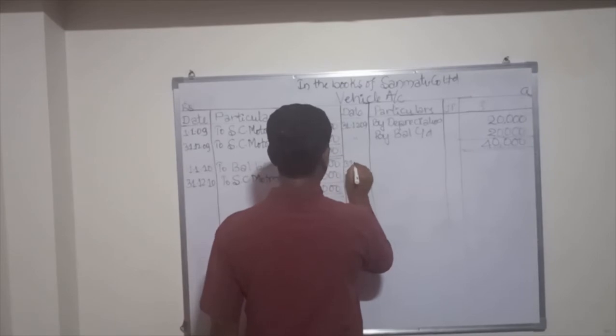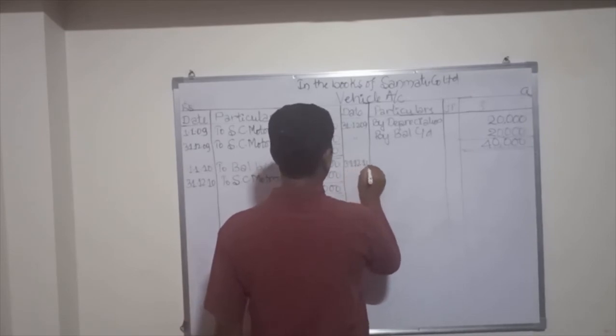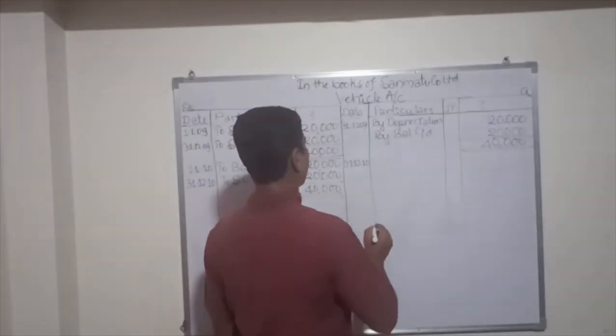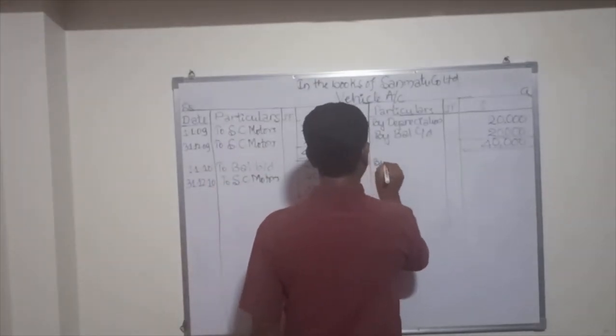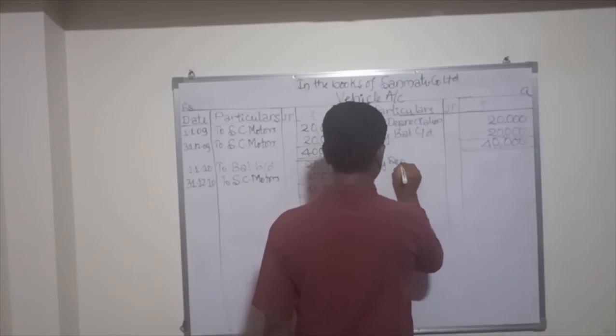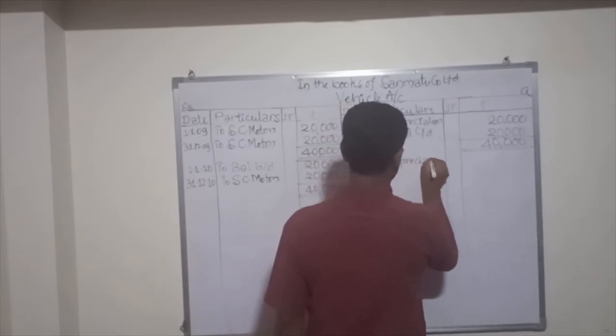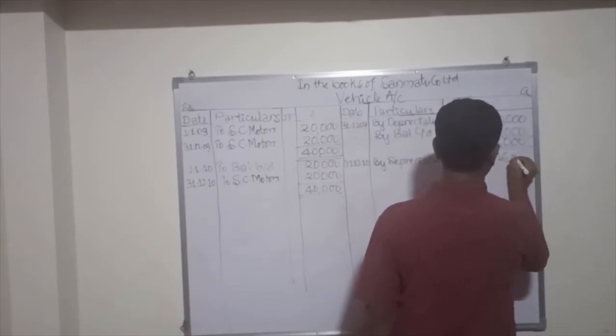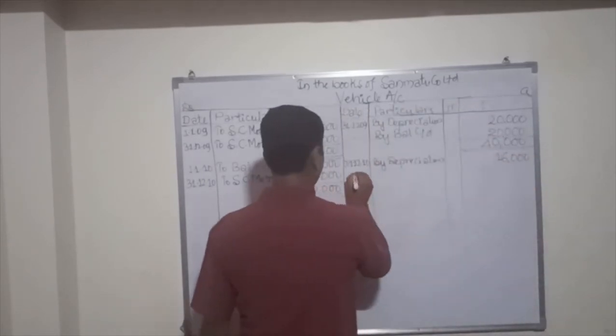So on 31st/12/2010, when the depreciation is allowed, the entry will be depreciation account debit to vehicle account. So vehicle account is credited by depreciation. The second year it is 16,000 depreciation.